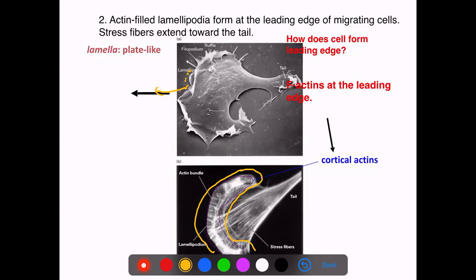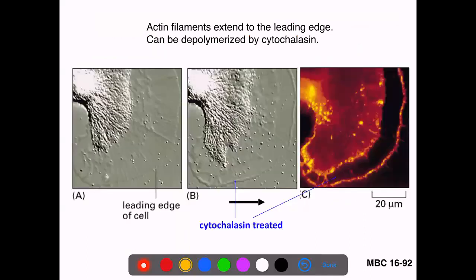And then actually the lamellipodia was composed of this actin. So this is the actin stain, and it is more accumulated in this area. So what they found is that those layer-like feet are composed of this actin.